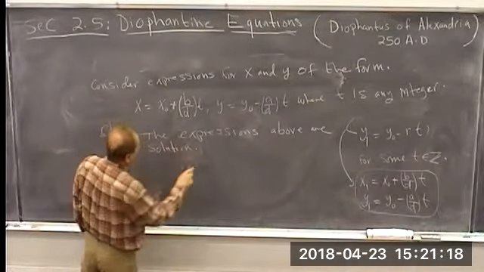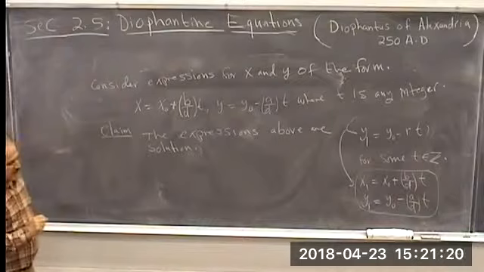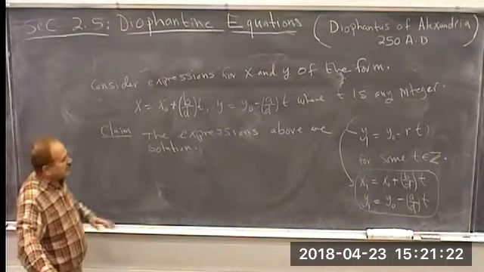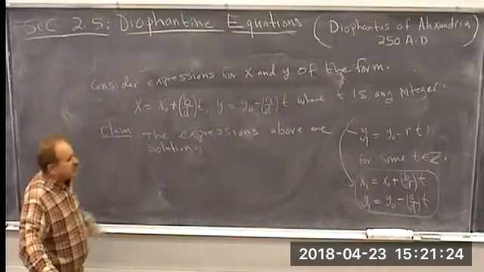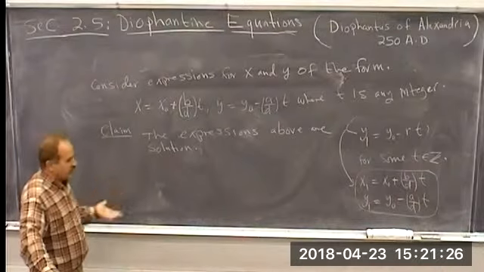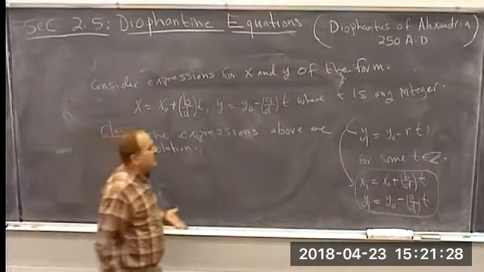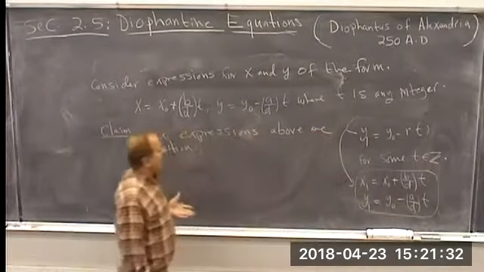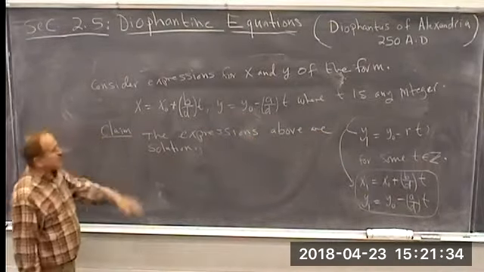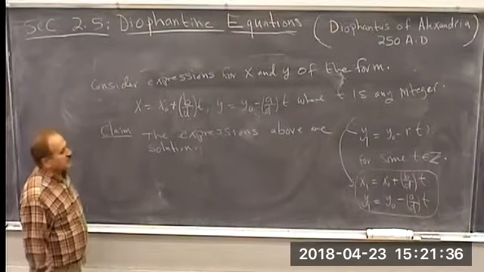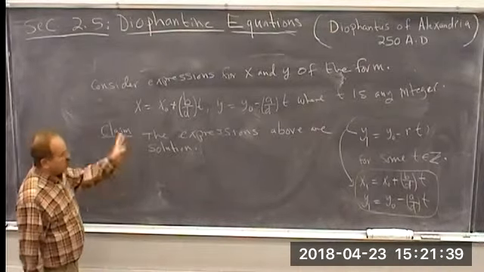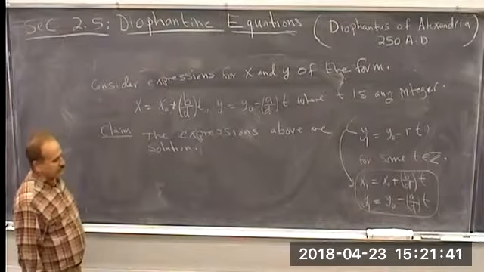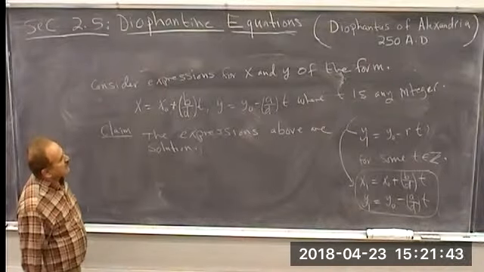In other words, let's see the delicate line in the argument in here. In the previous argument, I said, let's assume x1 and y1 are solutions, and then we argued that they must be expressed in this form. Now I'm saying, let's take some expression of this form and show that it also satisfies the equation.